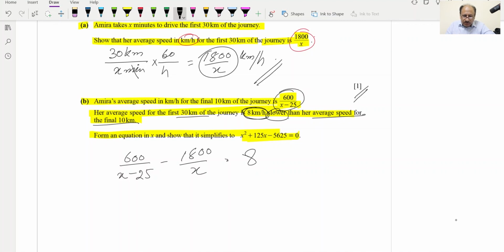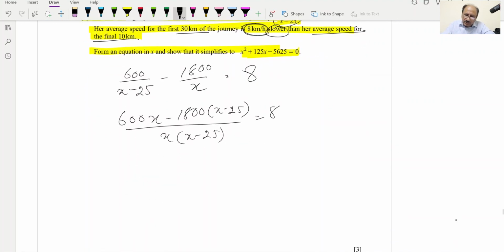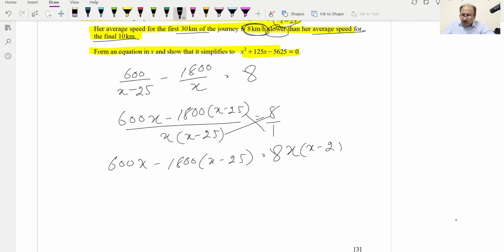To form the equation, we can cross multiply. The simplest way is to cross multiply like this. So 600x minus 1800 into (x minus 25) over x into (x minus 25) is equal to 8, and now we can cross multiply, and we will get 600x minus 1800(x minus 25) is equal to 8x into (x minus 25).